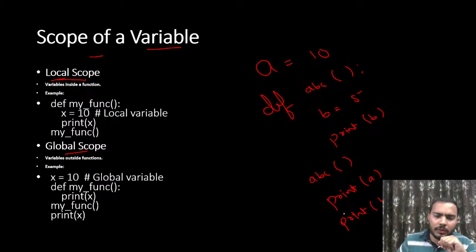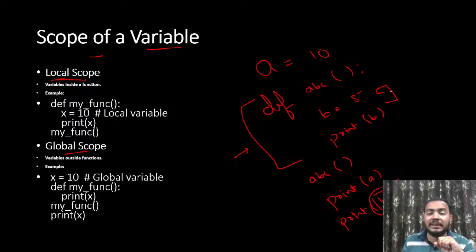This variable b which I am trying to print over here, our program will not be able to find. The reason is this variable b was not available outside this function, right? This variable b is only available inside the function. So that is why it can only be accessed inside this function.